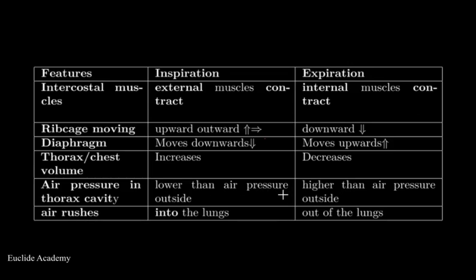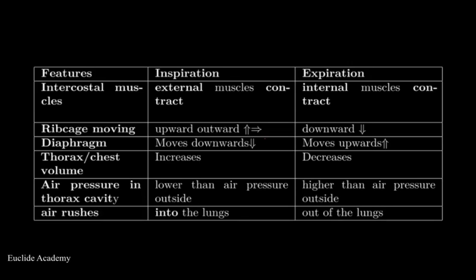Air pressure in the thorax cavity is lower than air pressure outside when we are breathing in, because air runs in. Air pressure is higher in the cavity than outside for expiration. So no wonder air rushes into the lungs and air rushes out of the lungs.